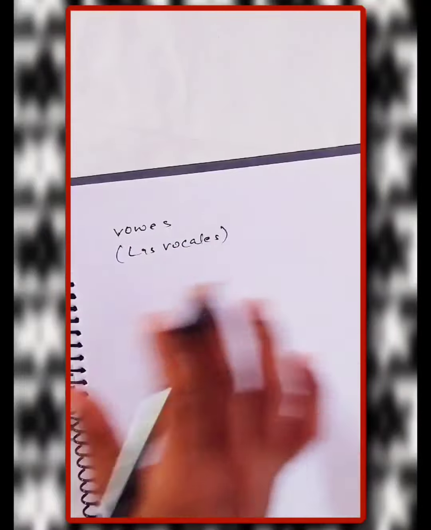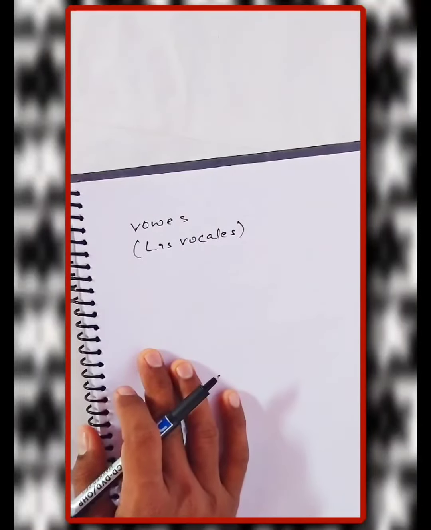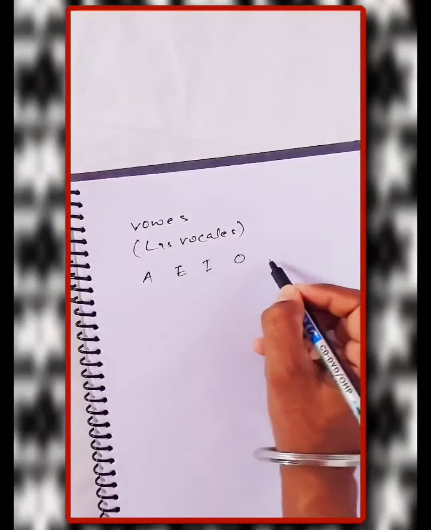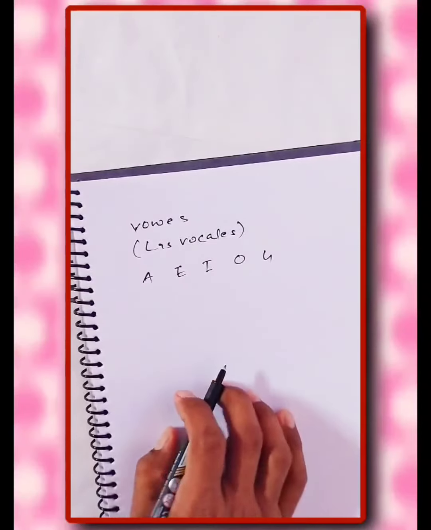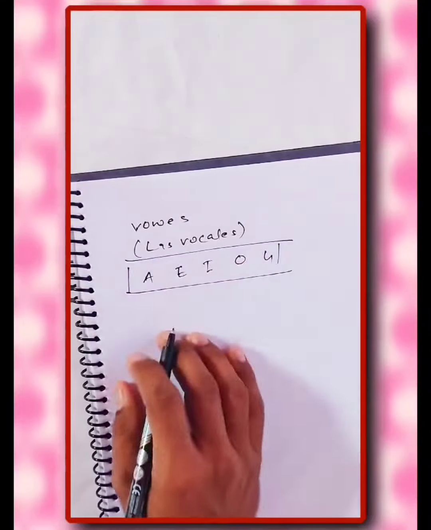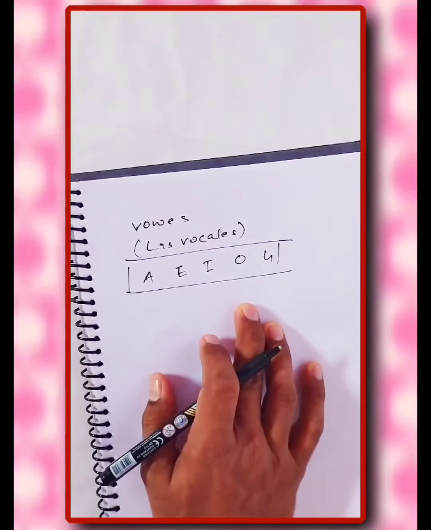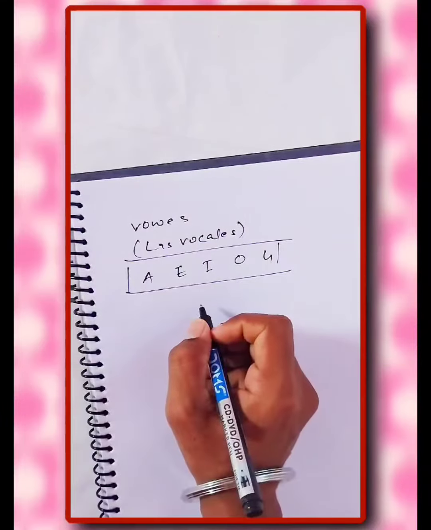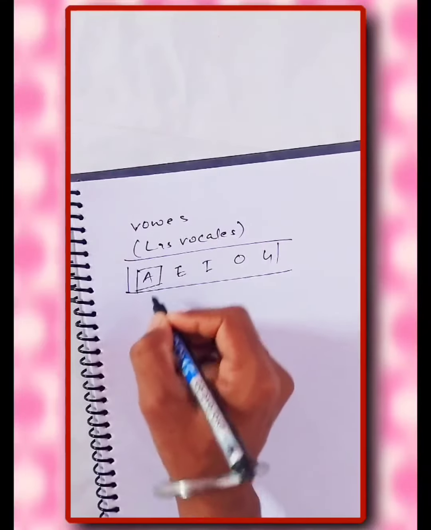As in English we have five vowels, A, E, I, O, U. These are all vowels in Spanish as well, but as I told you, the sound and pronunciation are different.